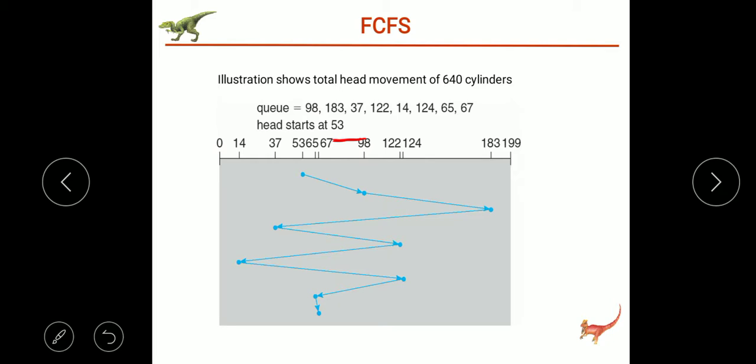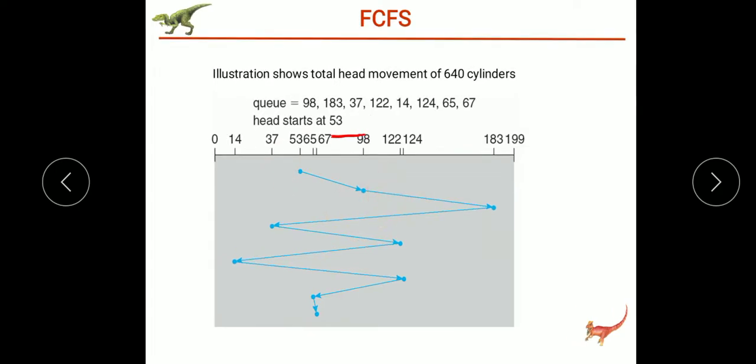Now according to FCFS, the next immediate request has to be served. Which is the next request? It is 98, so the head will move from 53 to 98. Once 98 is served, the next request is 183, so the read-write head will move from 98 to 183.